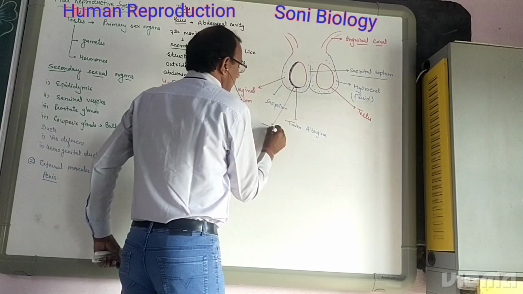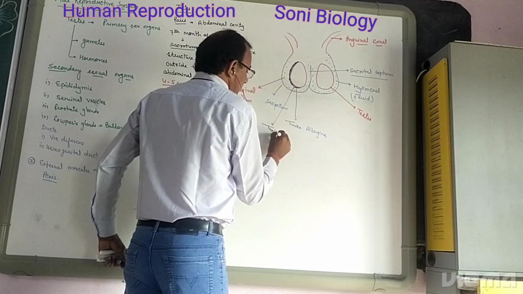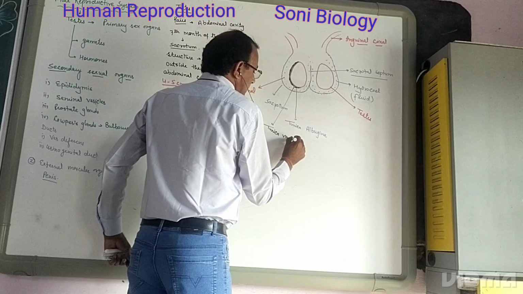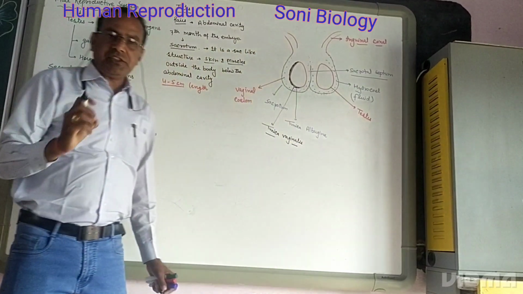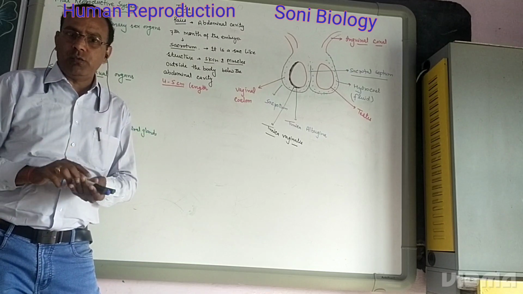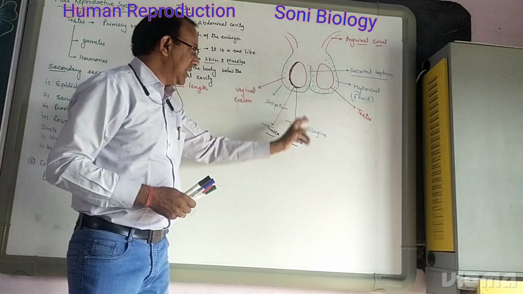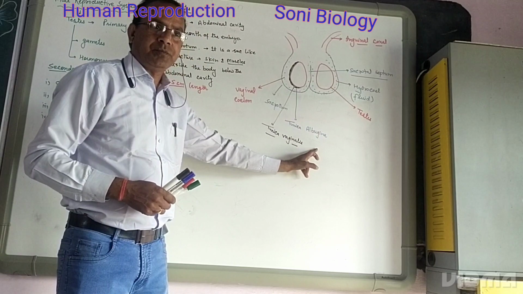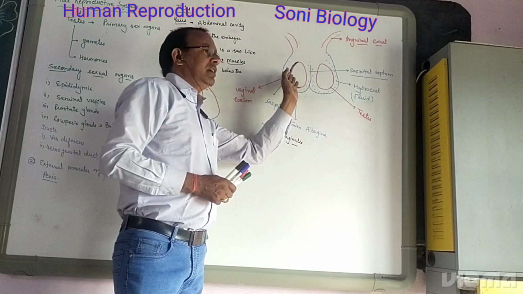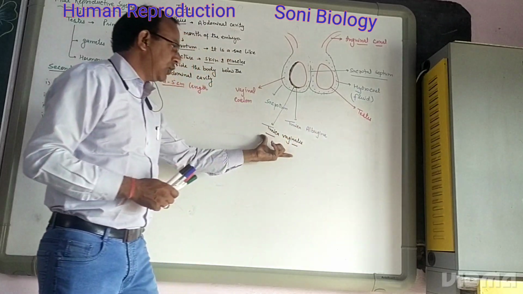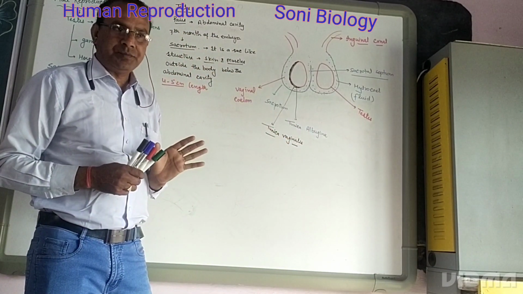This is the tunica vaginalis. So we can say that each testis is covered with two membranes. One is thin on the inner side, called tunica albuginea, and the other is thick, outside the tunica albuginea, called tunica vaginalis.